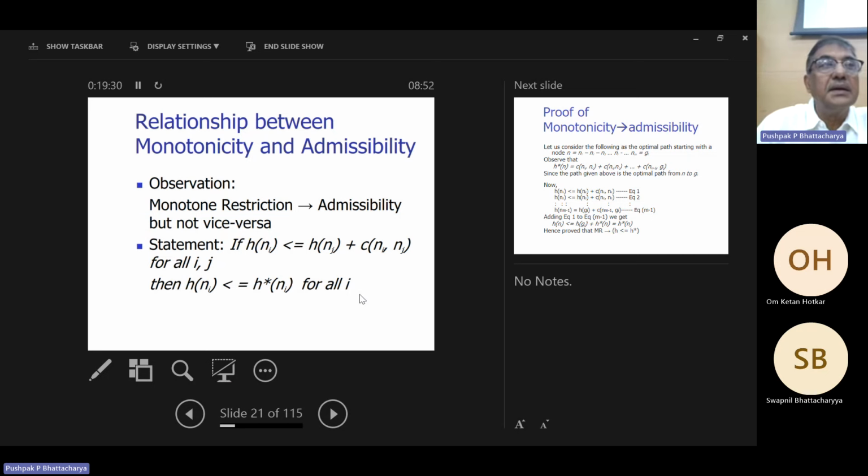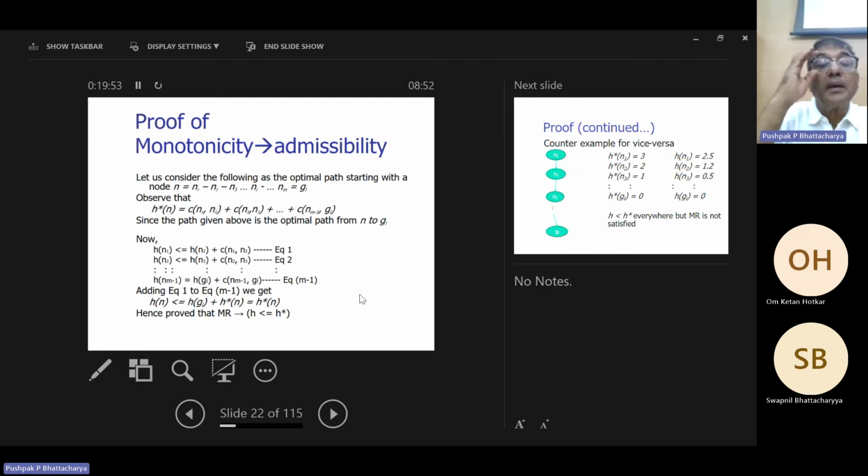Let's see the proof. Would you like to attempt a proof? Any idea as to how to go about proving it? It is this way. In most of the proofs involving A star, you have to start from observing the optimal path.